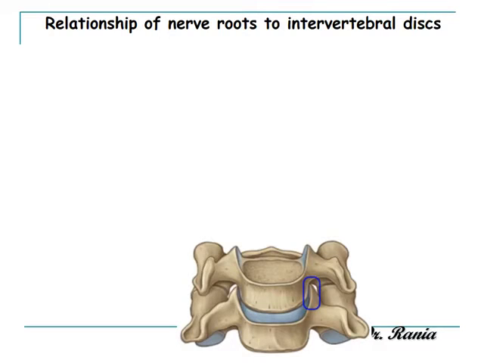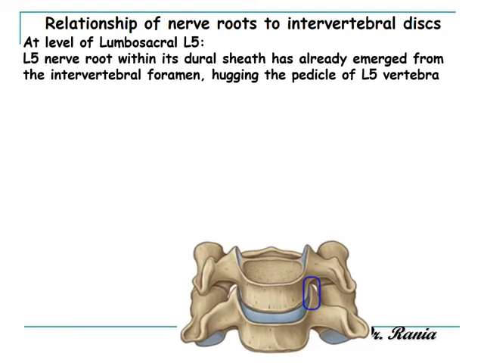The relationship of the nerve roots to the intervertebral disc at the level of the lumbosacral region, meaning the fifth lumbar disc: the fifth lumbar nerve root with its dural sheath has already emerged from the intervertebral foramen. It will be hugging the pedicle of the fifth lumbar vertebra.